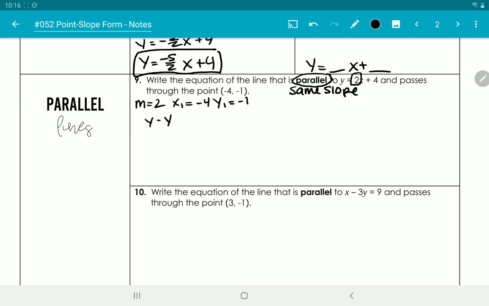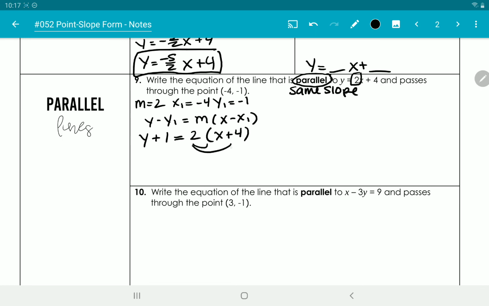So it's y minus y1 equals m times x minus x1. We have y minus y1 is -1, so we'll change it to a +1, equals m is 2, x minus x1 is -4. Change it there. Now we just want to solve for y.